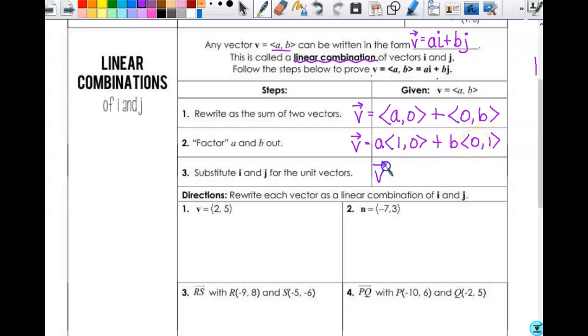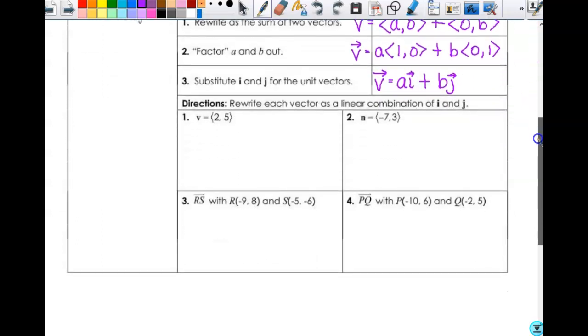So I get vector v is equal to a times i plus b times j. And it's really vector i and j. Sometimes they're hats, but they're bold up here, and we can't really write them bold, so we'll do them that way.